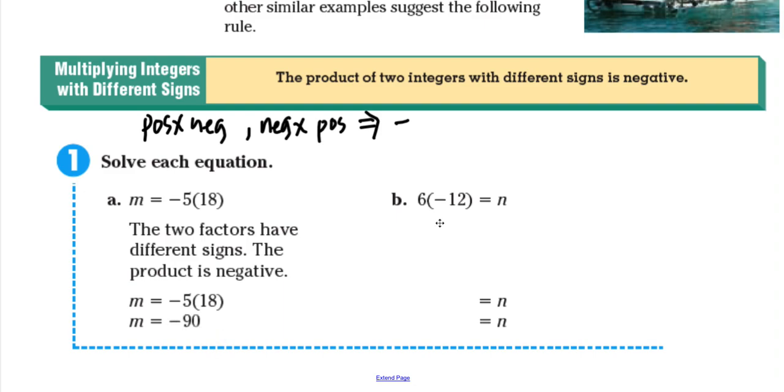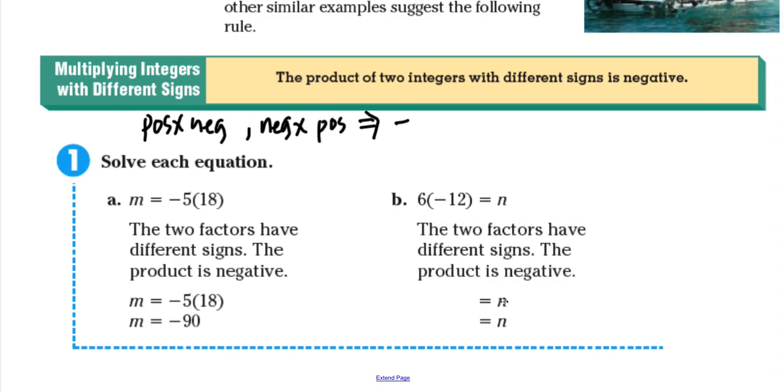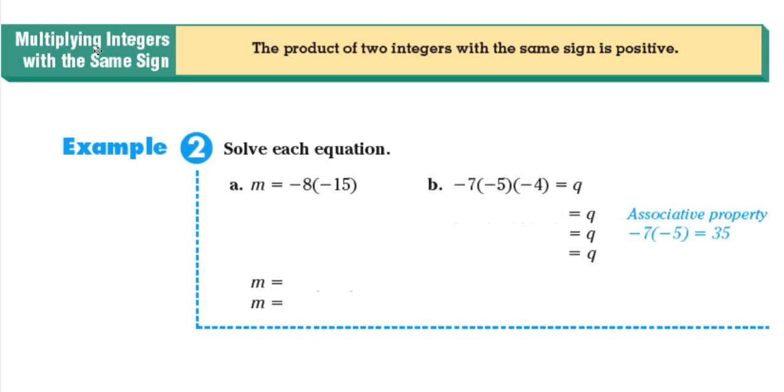Example B: 6 times negative 12 equals N. Again, the two factors have different signs, so the product is negative according to our rule. So 6 times negative 12 will give you a negative 72.